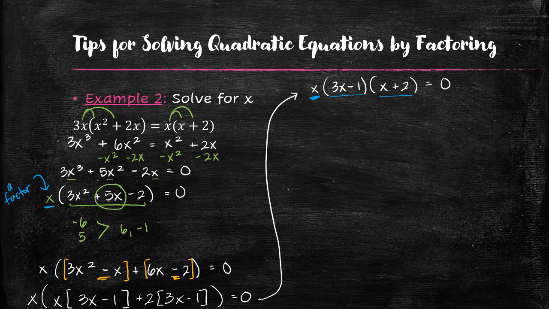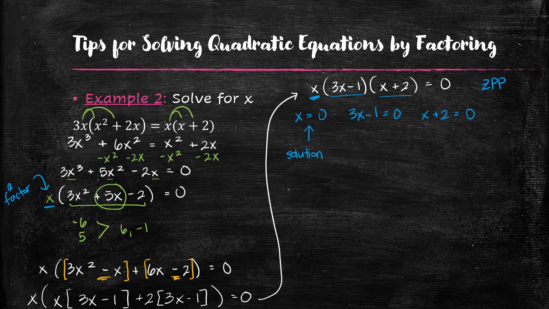So when we now go to apply our zero product property, we also set x equal to 0. So we'll say x is equal to 0, 3x minus 1 is equal to 0, x plus 2 is equal to 0. What that means is that we already have one of our solutions. One of the solutions is literally x equals 0. We have to do maybe a little bit more work to figure out the other 2.